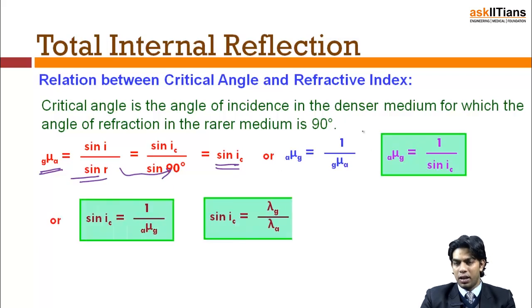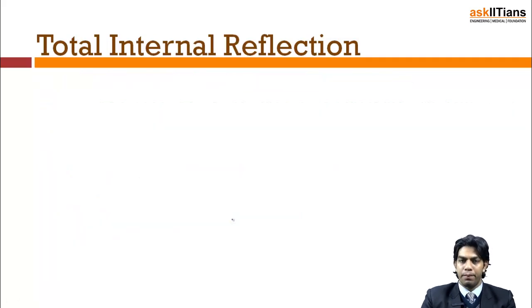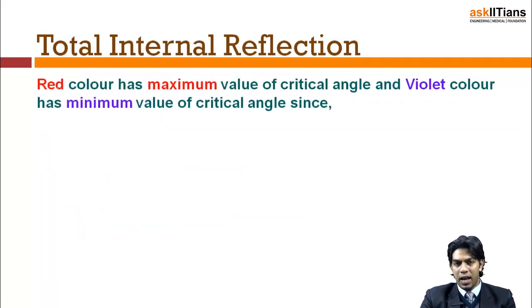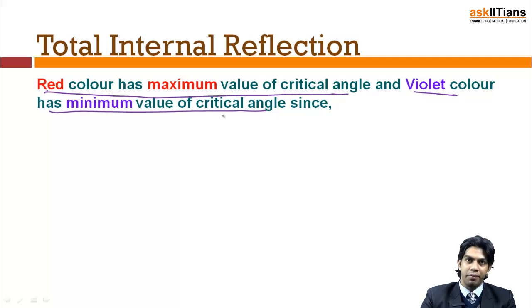Or this is the expression corresponding to the total internal reflection. So, sin IC is equal to 1 by A mu G, or sin IC is equal to lambda G by lambda A. So red color has a maximum value of critical angle, whereas the violet color has the minimum value of the critical angle, since obviously the critical angle depends upon the wavelength.